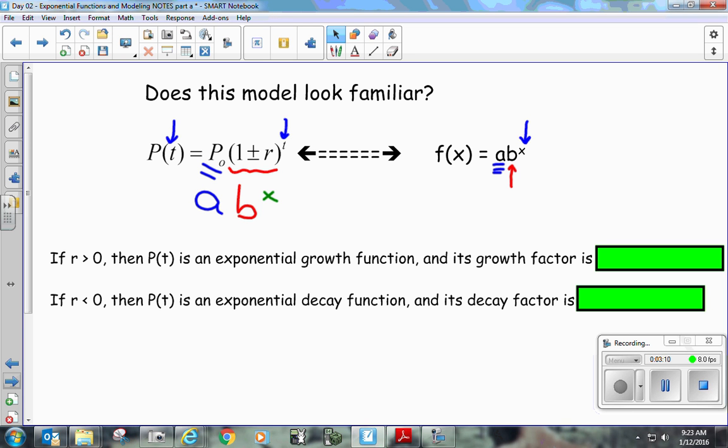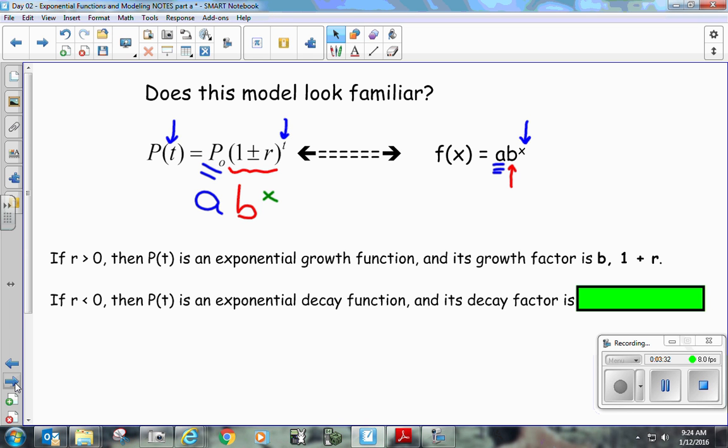But our growth factor B is 1 plus R. If it's growing, wouldn't it make sense that we need to add our rate to 1? 1 stands for 100%. If it's growing, it's going to grow over 100%. So we add whatever our R value is. That represents growth.